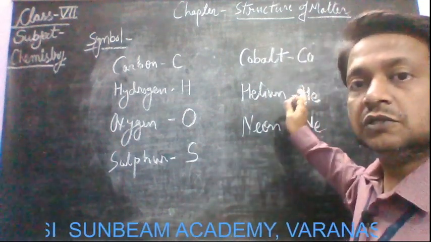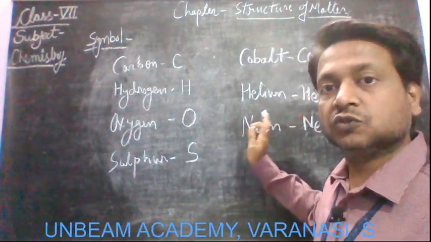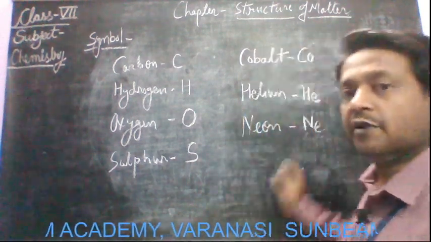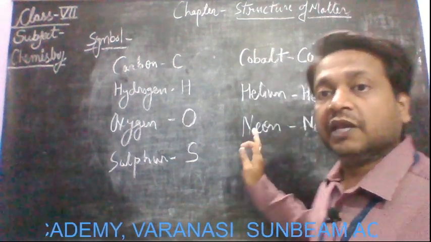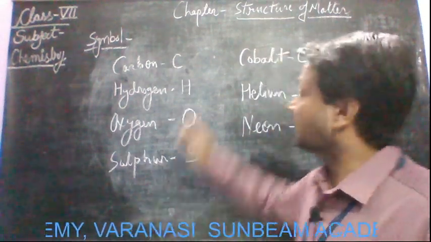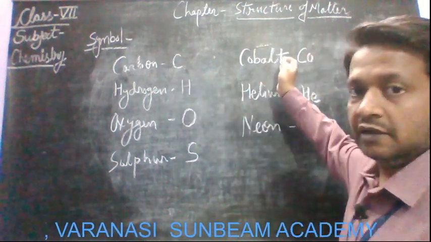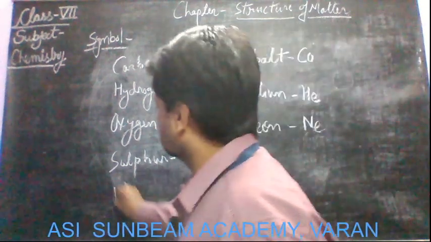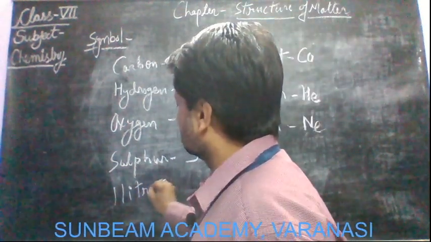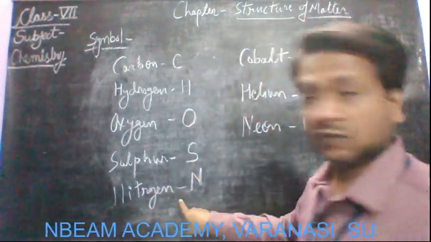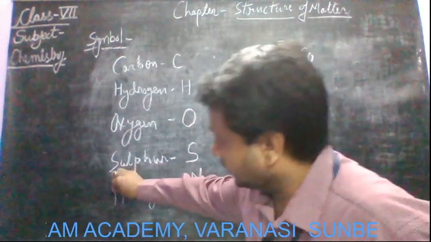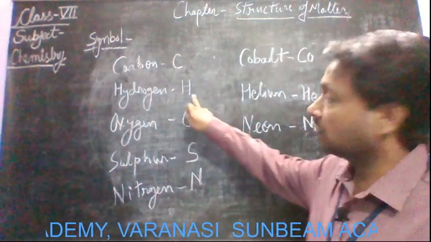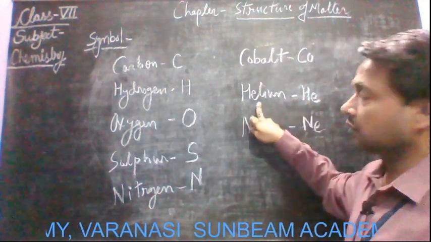Here we use the first two alphabets of their English names, because using only a single alphabet would make great confusion, like capital C for carbon and Co for cobalt, capital N for nitrogen and Ne for neon, H for hydrogen and He for helium.